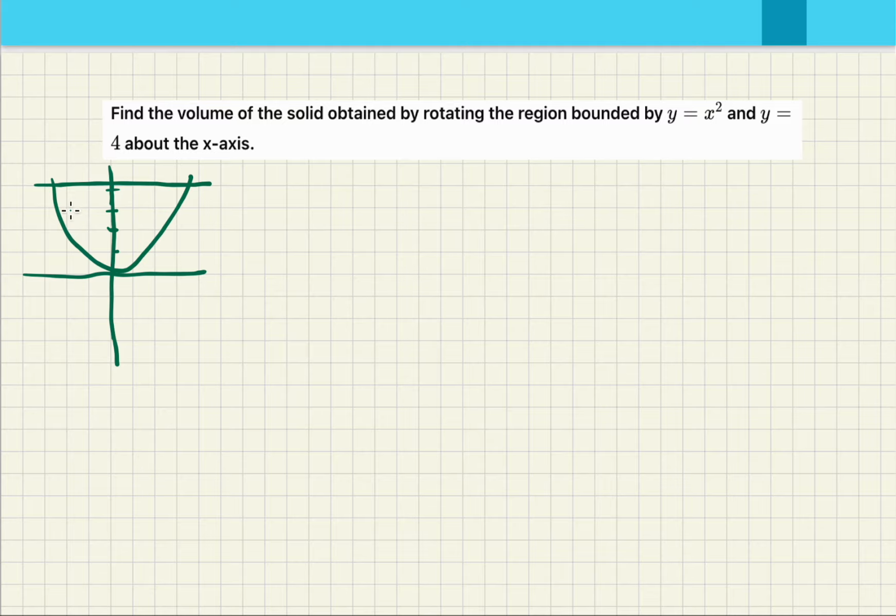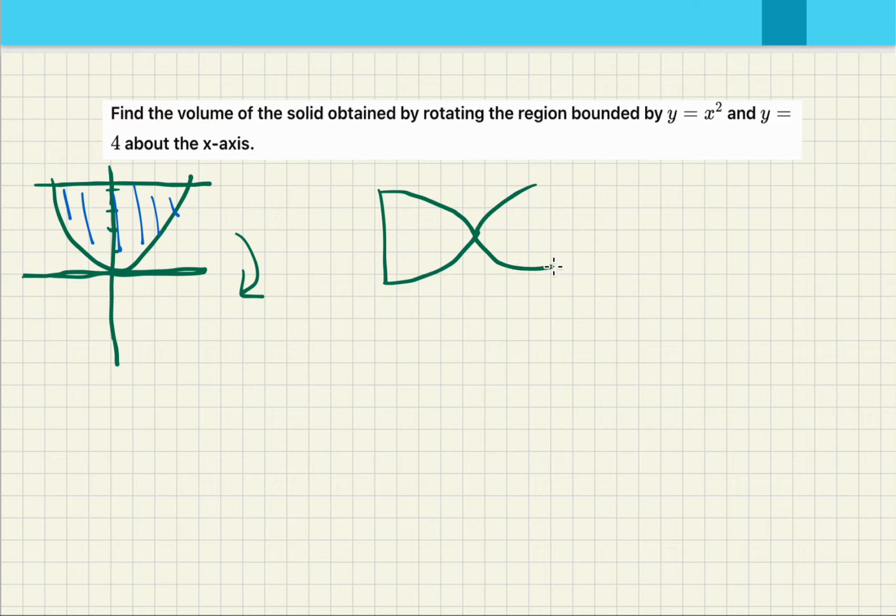We're rotating this area around the x-axis, which is this axis here. And so when we rotate this area, we get something like this.